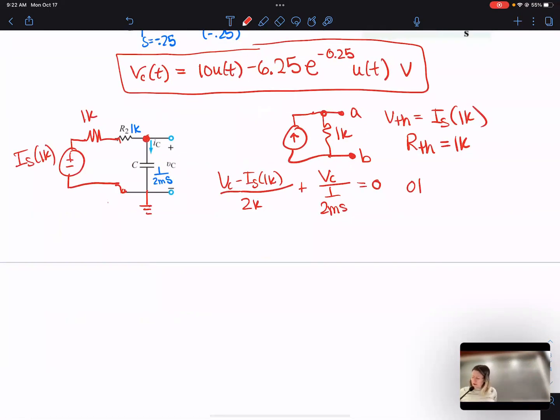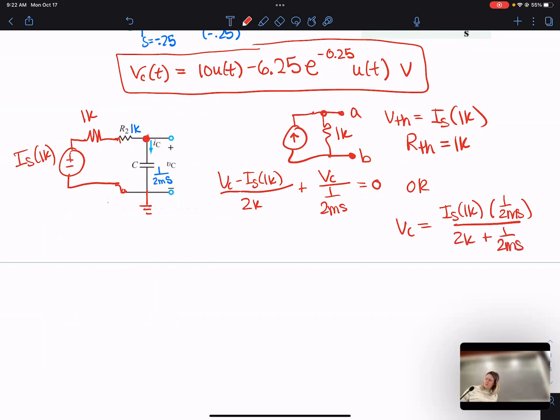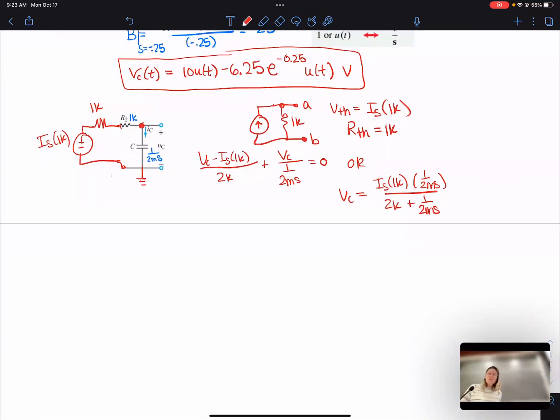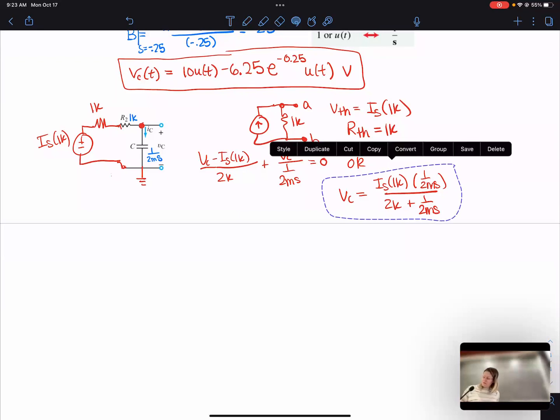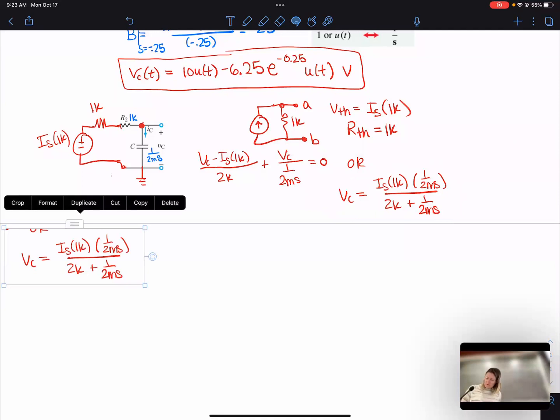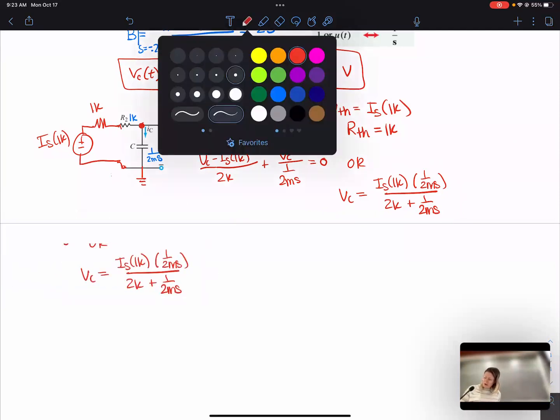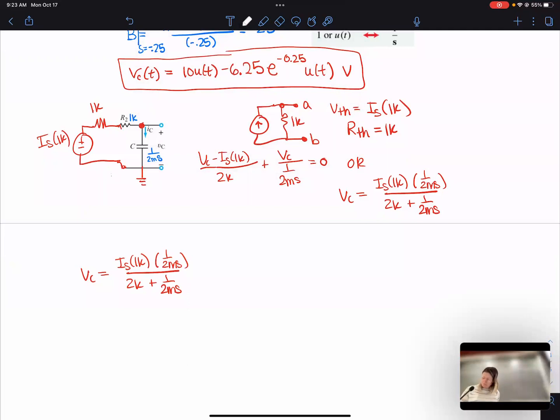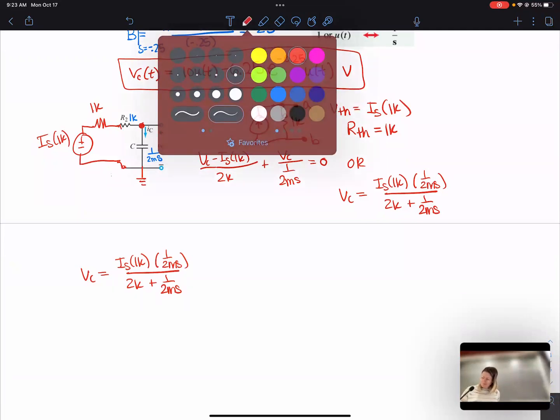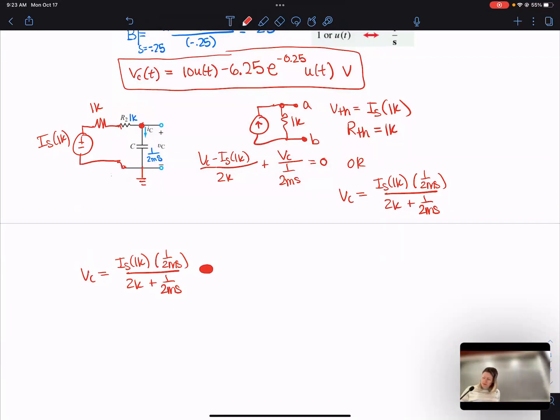Or you can just say VC here is going to be IS times 1K times 1 over 2 milli S over 2K plus. This might be easier algebra, so let me just keep going since I'm here.